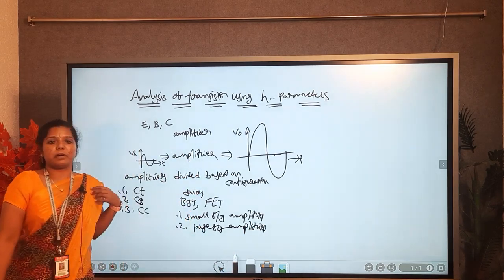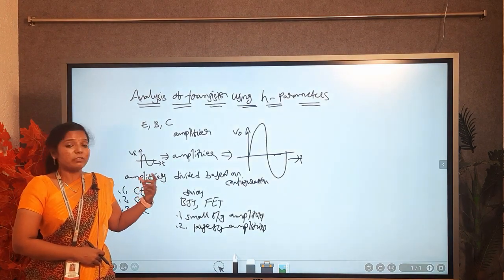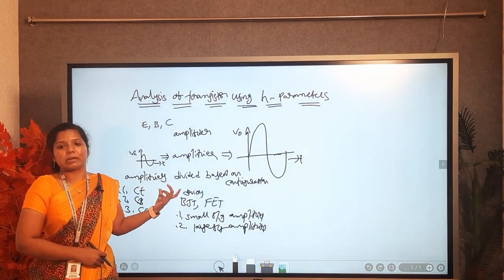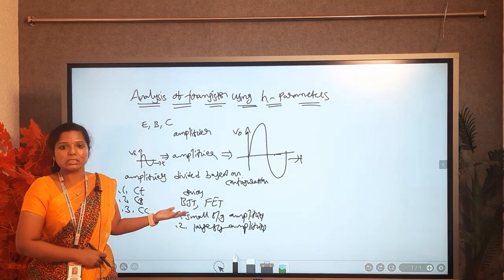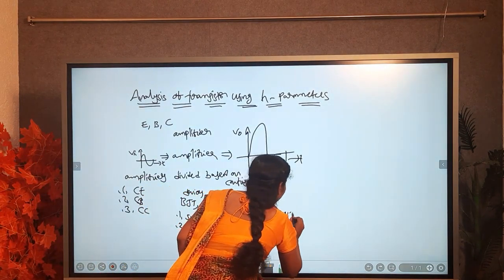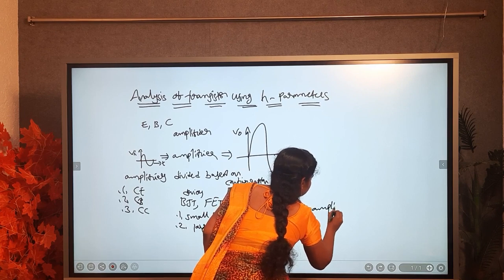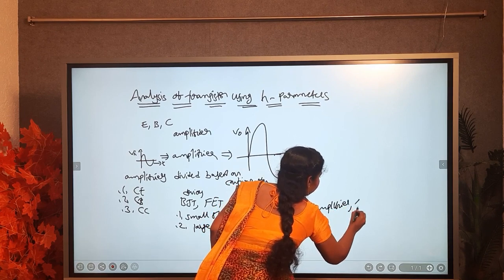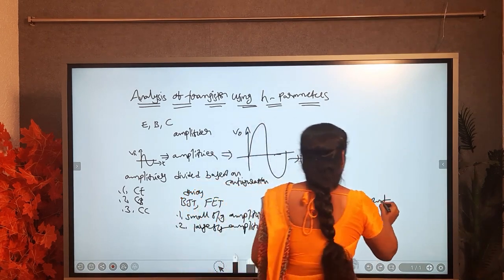Small signal amplifier means you are giving the input signal as weak, so there are fewer fluctuations in the output. That is called a small signal amplifier. Examples: voltage amplifier and current amplifier.